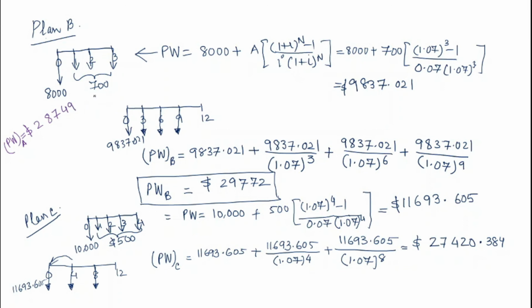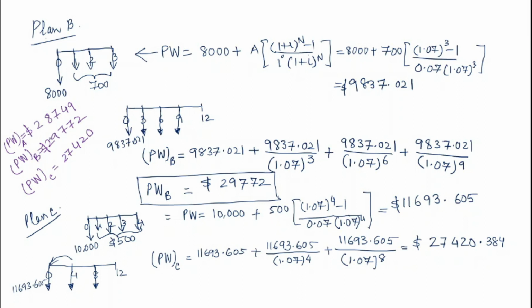I'm not writing the after-decimal values. The present worth for plan B comes out to be 29772, of course dollars, and the present worth for plan C comes out to be 27420.